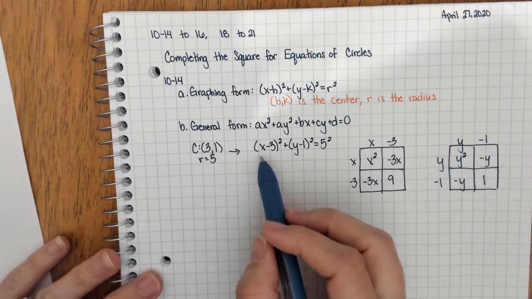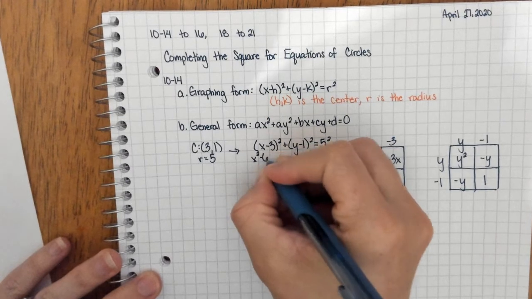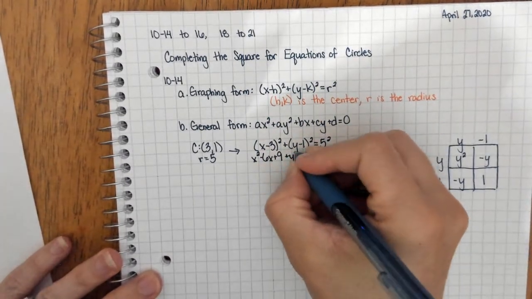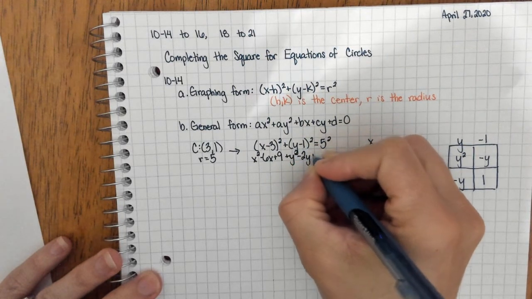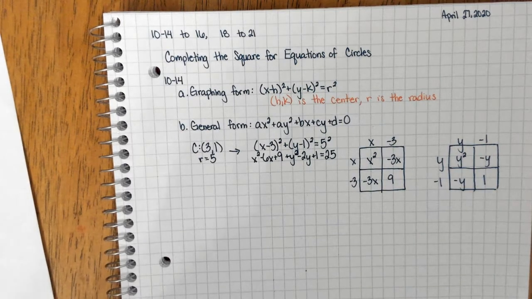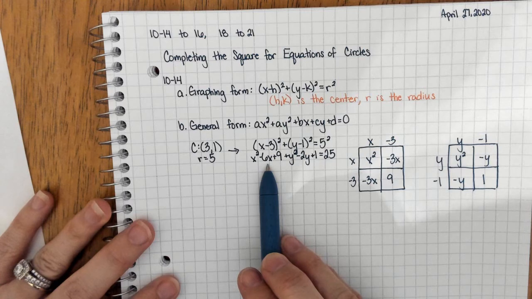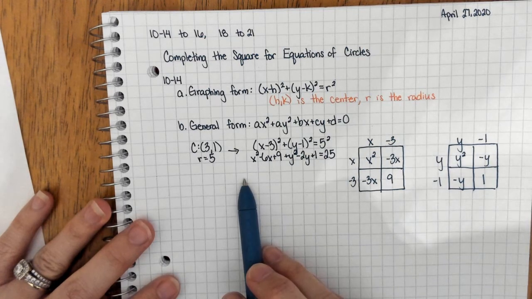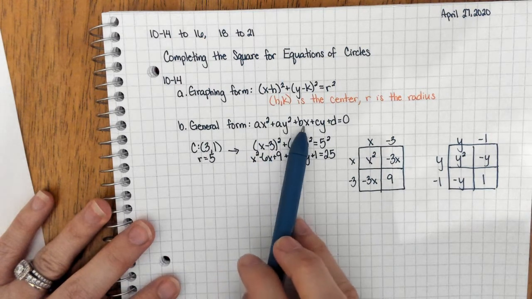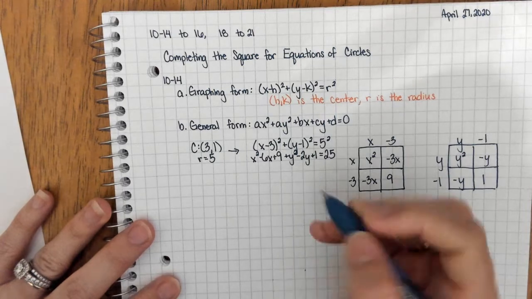So this first set of parentheses here becomes x squared minus 6x plus 9 plus y squared minus 2y plus 1 is equal to 25. Well, we need to combine like terms on this left side. We need to subtract the 25 and just kind of rearrange some things. Notice it goes x squared, x's, y's, constant. So I'm just going to combine like terms and rearrange this left side.